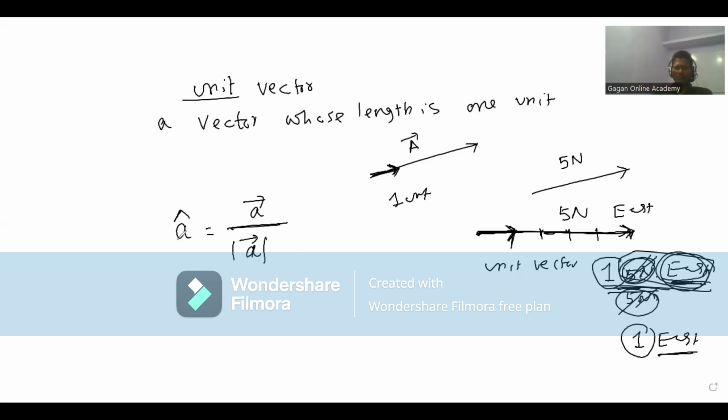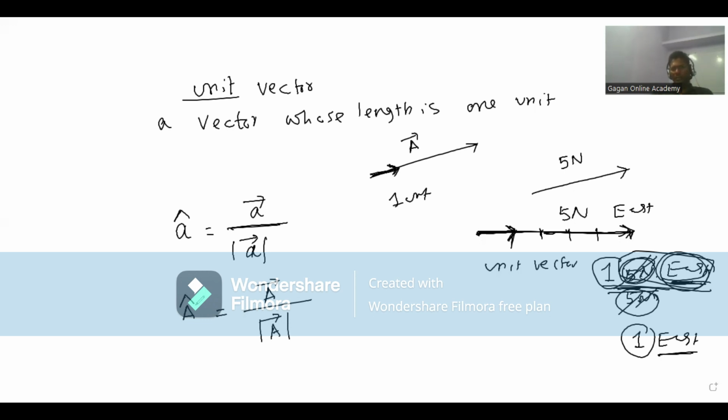So the unit vector is simply written as A cap, that is vector A by modulus of vector A. You can use capital letters also. To find the unit vector, you have to write the vector and then divide by its magnitude.